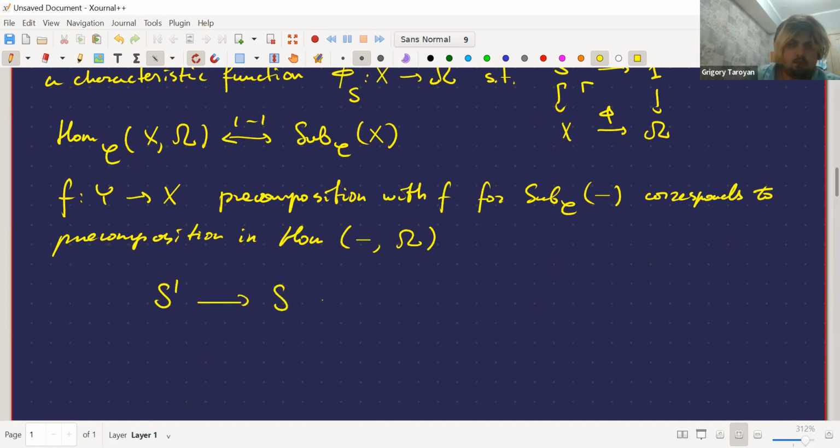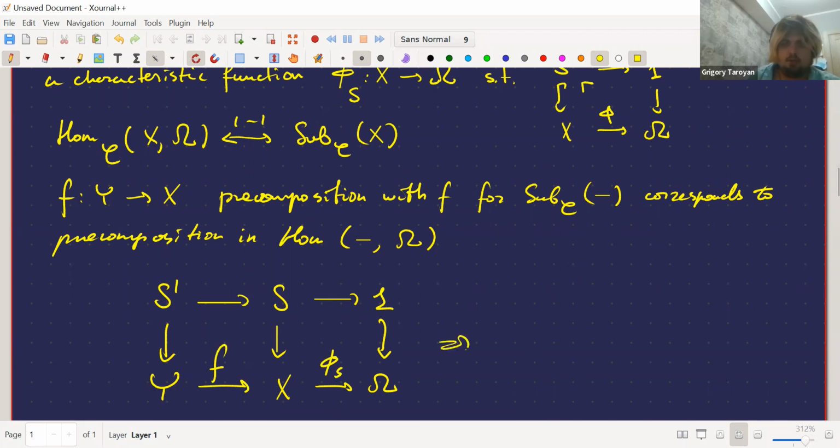So we have two pullback squares placed side by side. And from the fact that both are pullback squares, it follows that the whole rectangle like this should actually be a pullback square.